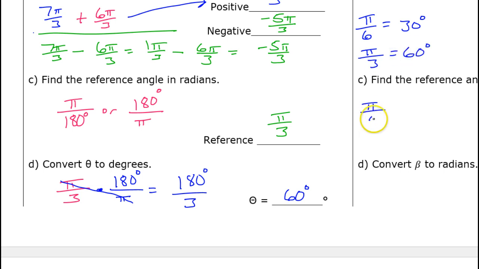Pi over 4 is 45 degrees. And pi over 2 is 90 degrees. These things should be memorized. And of course, pi itself is 180 degrees. So these facts should be committed to memory. You really shouldn't need any calculations to turn pi over 3 into 60 degrees. It should be a memorized fact.